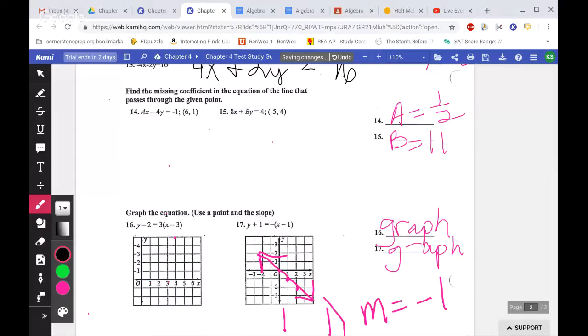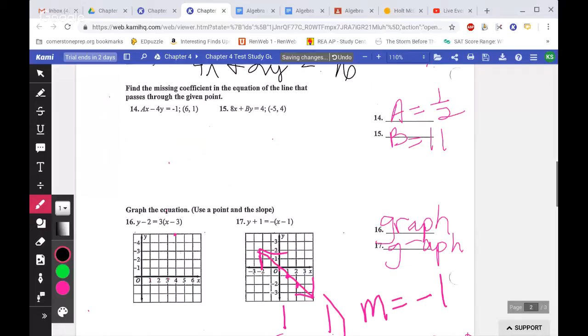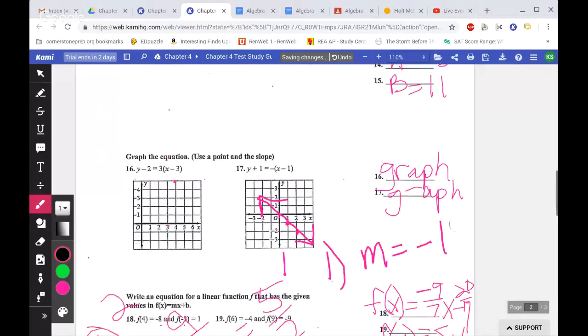But basically, Grayson, because this has to be turned in tomorrow, for number 14 you need to plug in the 6 for the X and the 1 for the Y, and then solve for A. For number 15, plug in the -5 for X and the 4 for Y, and solve for B.